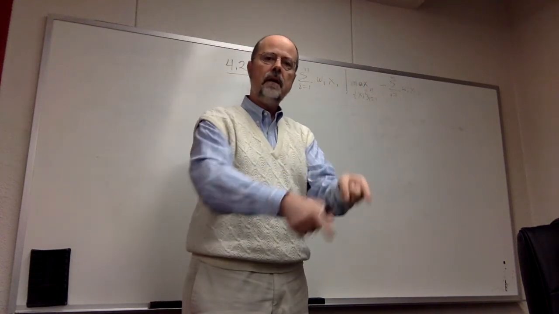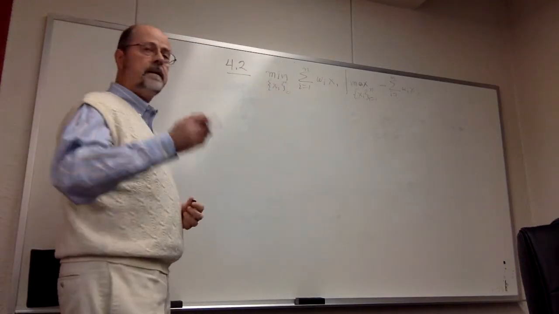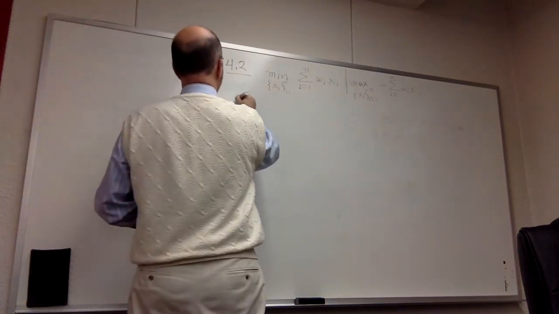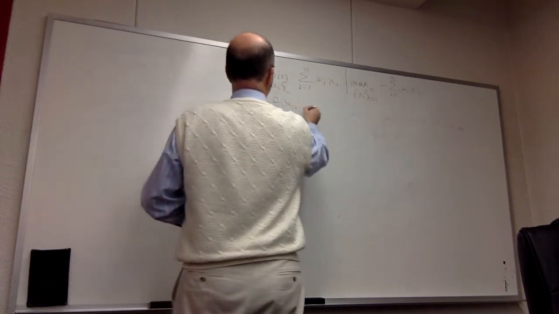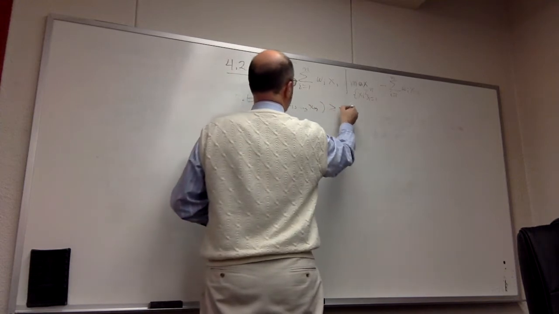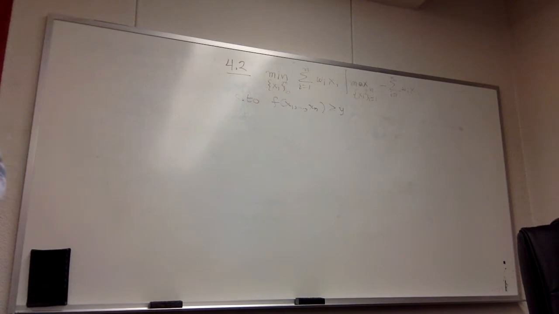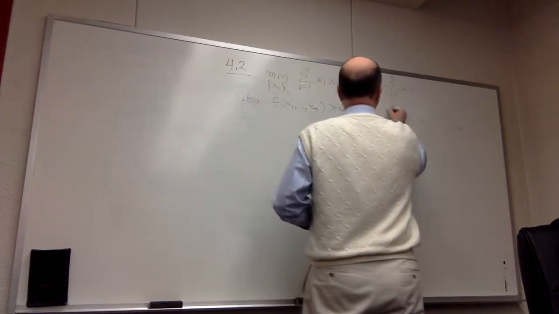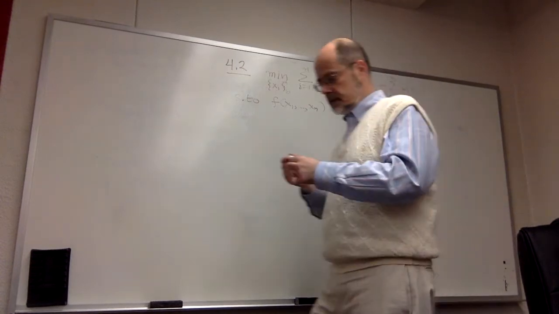He's been consistent on notation on that score. So the constraints are the non-negativity plus one more. So I'll write that one first. Subject to f of x1 through xn greater than or equal to y, because you need to be able to achieve a certain level of production, y. And for every i, xi is greater than or equal to 0.